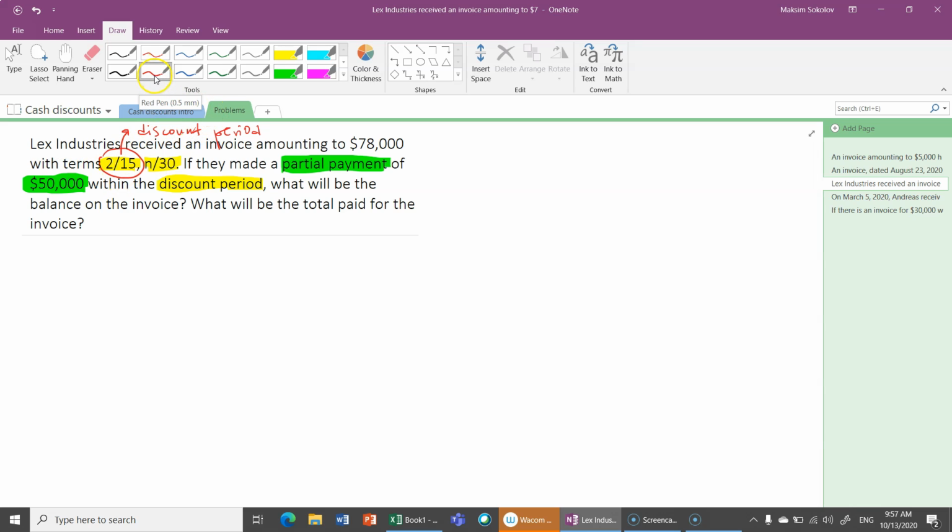Okay, so there is a very common mistake which students make. I'll put it here. The mistake is to do the following. Because $50,000 is paid within the discount period, students will find 2% off from the $50,000.